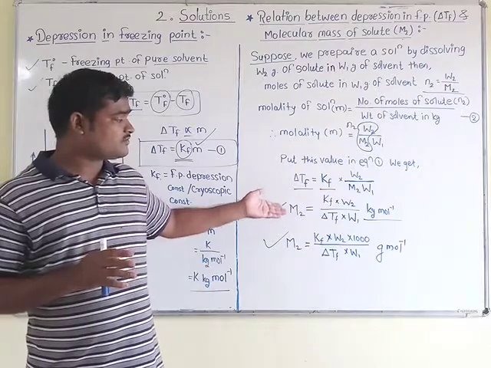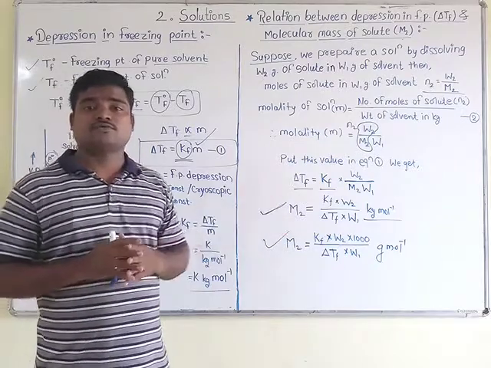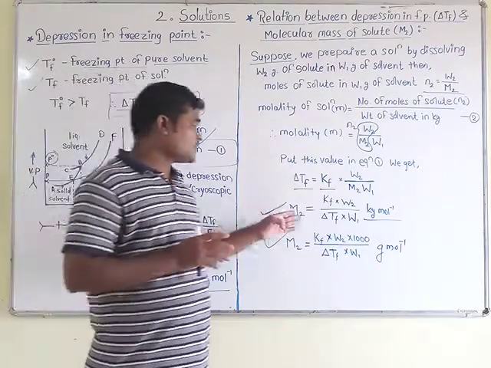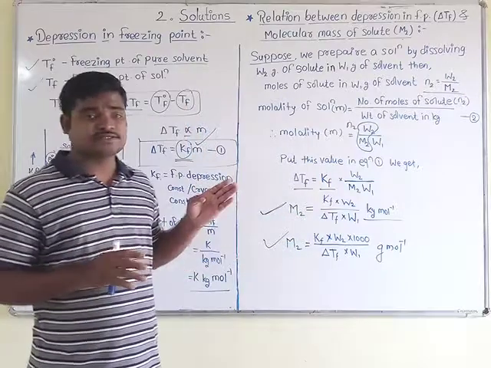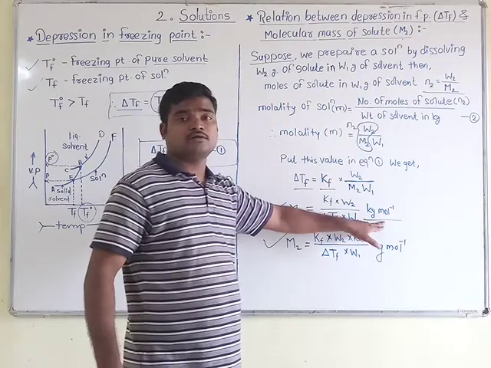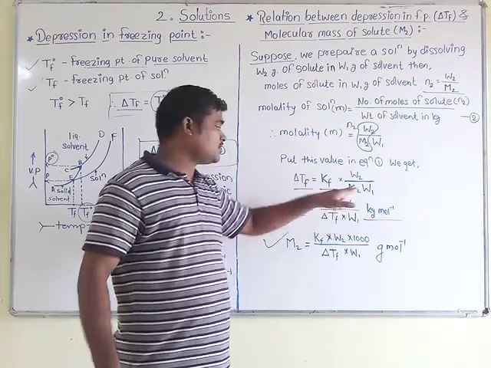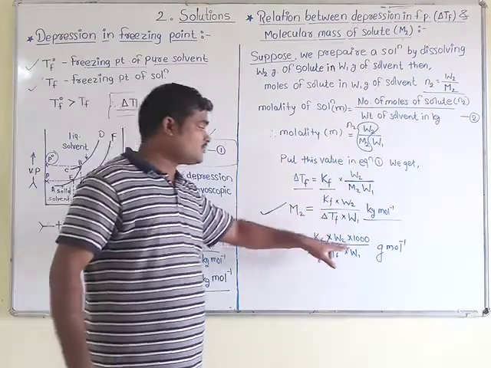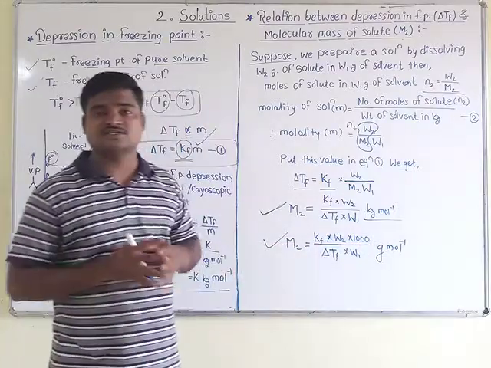For the conversion between these two equations, you can also use them by your choice. If they ask for your answer in kg per mole, then you should use this equation, and for gram per mole you can use this equation.